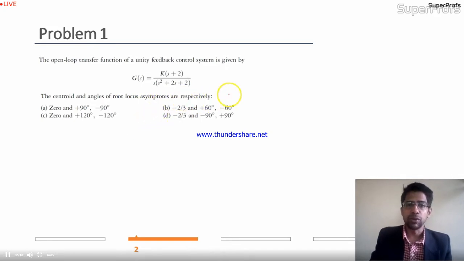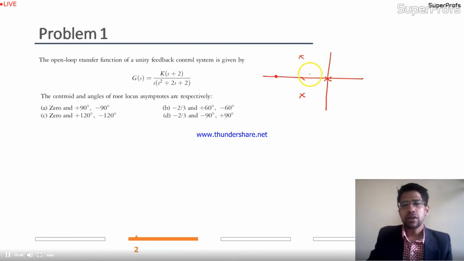Now you know that in any root loci diagram, you have three roots here, and I think these roots are complex, and there is one pole, maybe here.